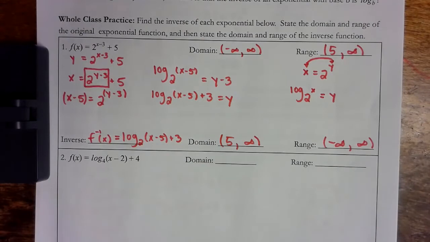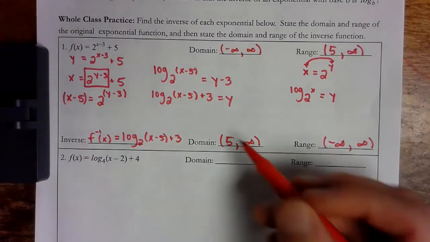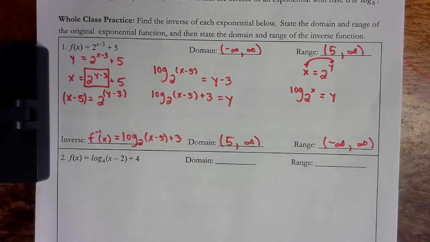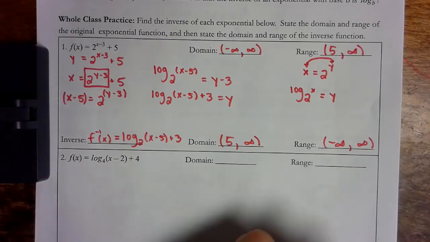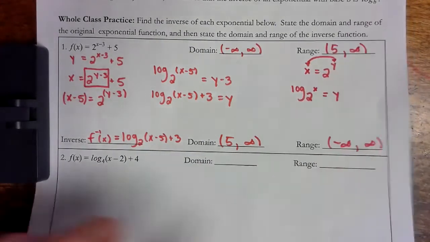We can use 5.00000, as many zeros as you want to list, and then a 1, but not 5 exactly. And then any number after that's going to work, so any positive number. So 5 to infinity is our domain, and the range of every log is going to be negative to positive infinity. All right. That is how we take the inverse of an exponential.